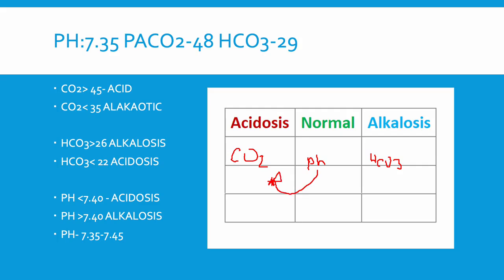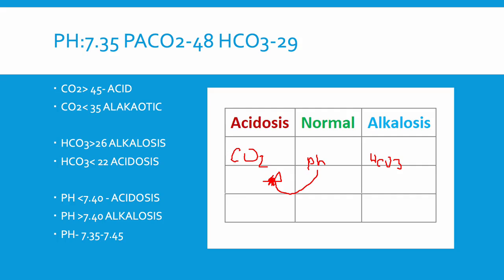It would then go on the acidosis side. Now we want to look and see, do we have two in the same column now? And the answer is yes. We have the CO2 and we have the pH. So this patient is experiencing respiratory acidosis.